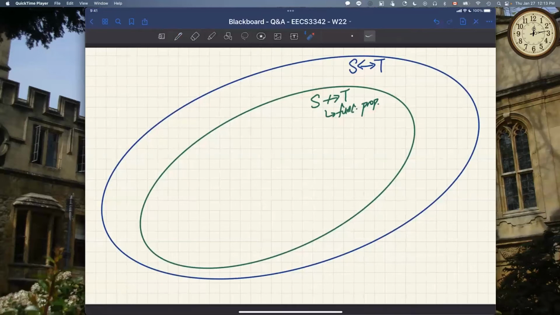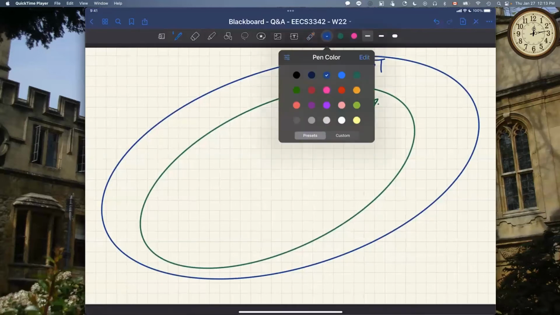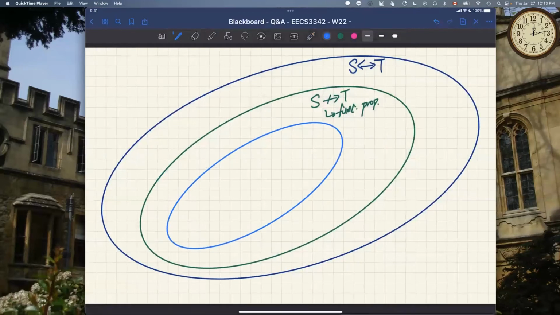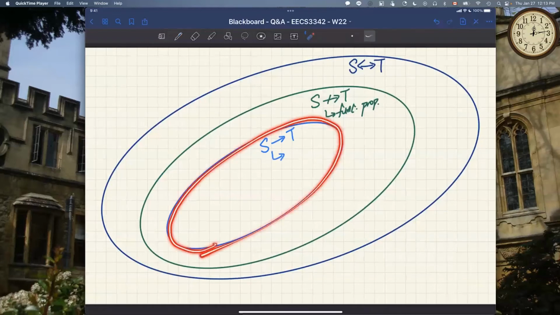Now, within the confinements of this set, let me talk about the next one. There is a category of function over here called the total function. Because this is a subset of partial function, it must satisfy the functional property for sure. But what's the additional property we want to satisfy? Anybody? Pop quiz.